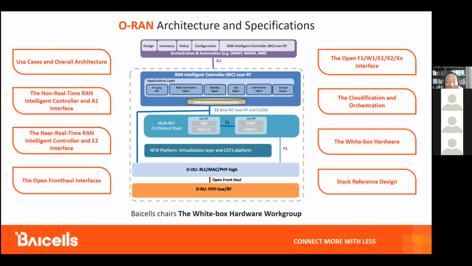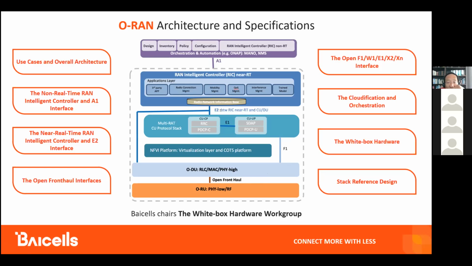The management of ORAN is accomplished by the concept of the RAN Intelligent Controller, or RIC. The RIC is distributed between the RAN and the orchestration and automation functions. They are interfaced through an interface which is standardized by A1.